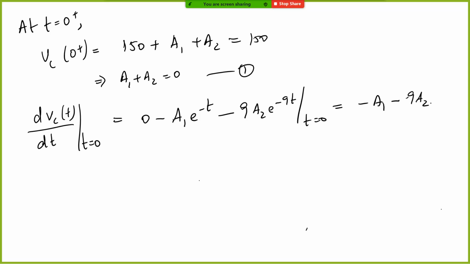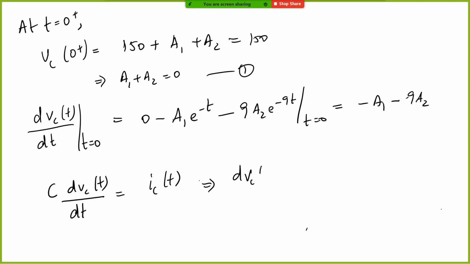Now we need to figure out what is dVc of t by dt, right? So what can we say? C dVc by dt is nothing but Ic of t, correct?